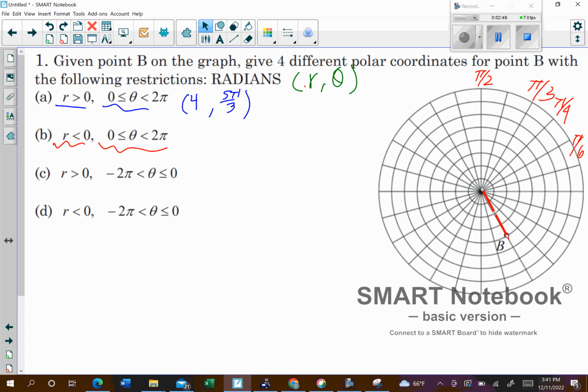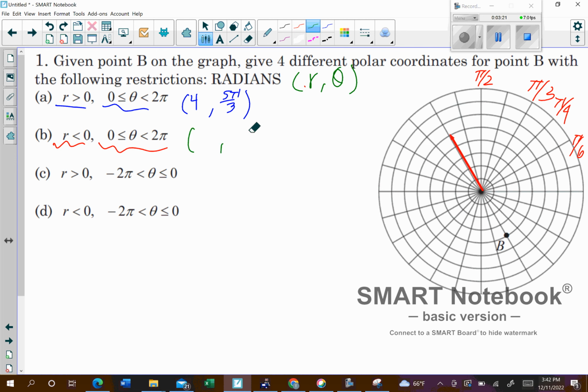To reflect across there, where would that take me? It would take me to here, I guess, right? So I need to figure out the angle for that. I believe that should be 1/6 of a pi plus a half of a pi. So that'd be 4/6, reduced would be 2/3 pi.